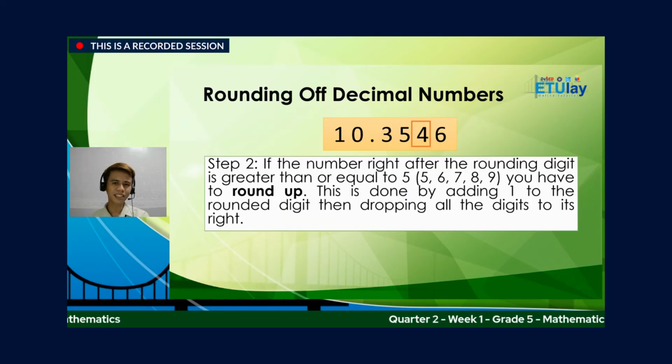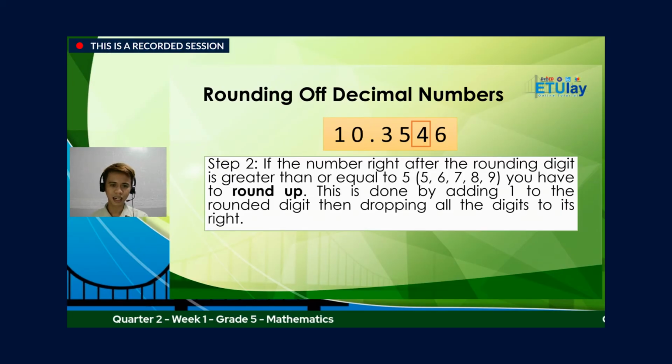So kung kanina meron tayong round down, ngayon naman round up naman. At ano nga ba ang ibig sabihin kapag round up? This is done by adding 1 to the rounded digit, then wrapping all the digits to its right. So in this case, we will round 10 and 3,546 ten thousandths to the nearest 10 thousandths.